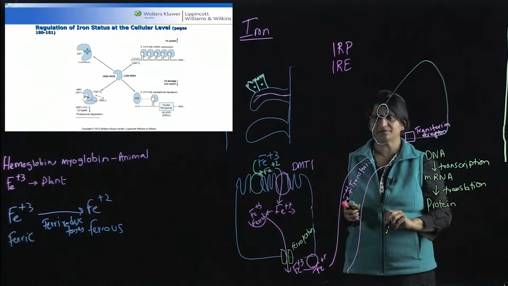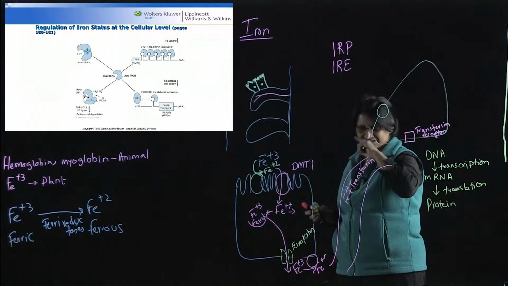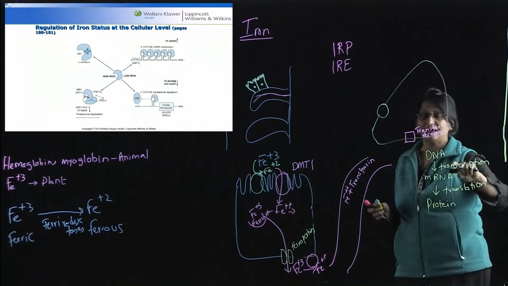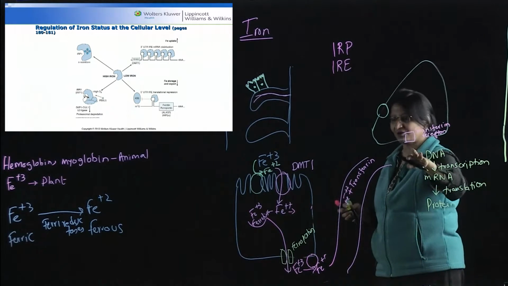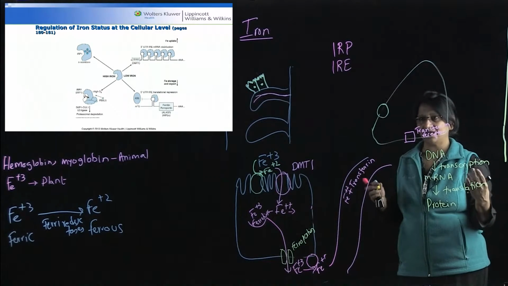I just mentioned a few minutes ago that DMT1, ferroportin, the transferrin receptor and ferritin are all proteins that have to be made.